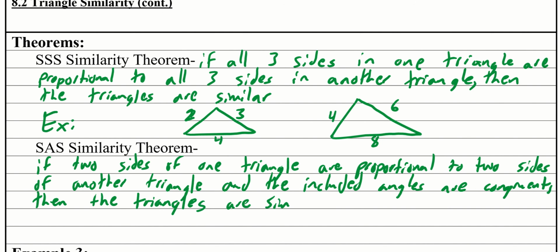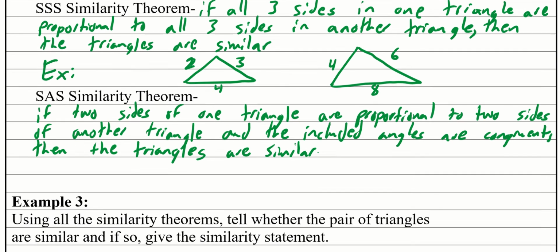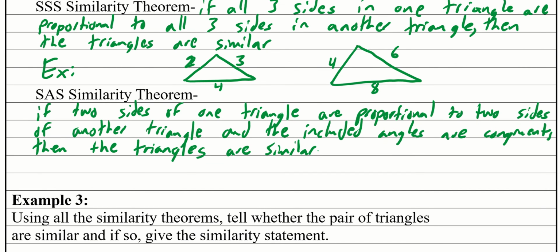Kind of like we saw with side, angle, side when we were dealing with congruence, it's the same notion, just a different way of using it. In this case, the sides don't have to be congruent, they have to be proportional. Angles still have to be congruent though.